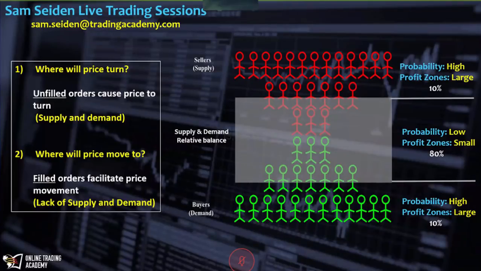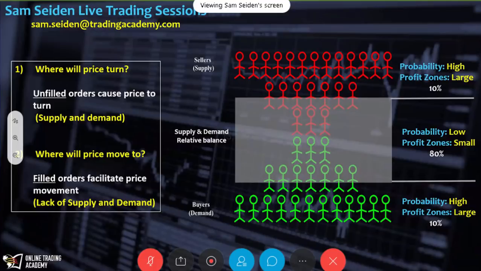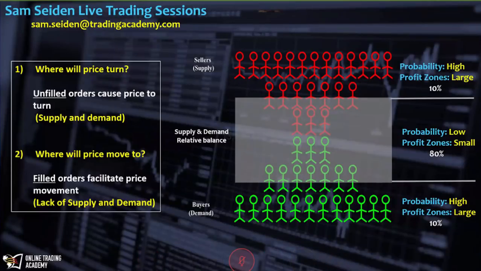If we back up and answer that, we know that prices turn at levels where supply and demand is out of balance, meaning you have many unfilled buy or sell orders at a price point. If market prices are falling and they reach a level where demand exceeds supply, once the last sell order is filled, you have demand, and all this competition to buy forces prices up.